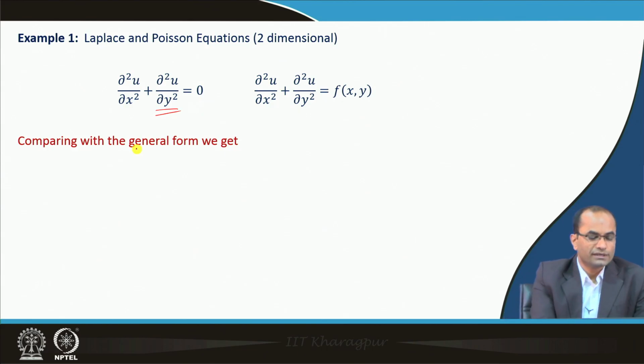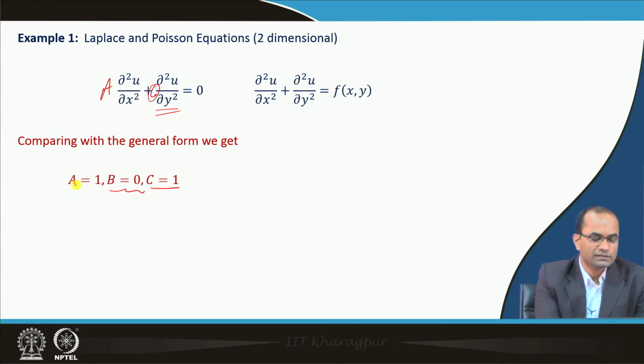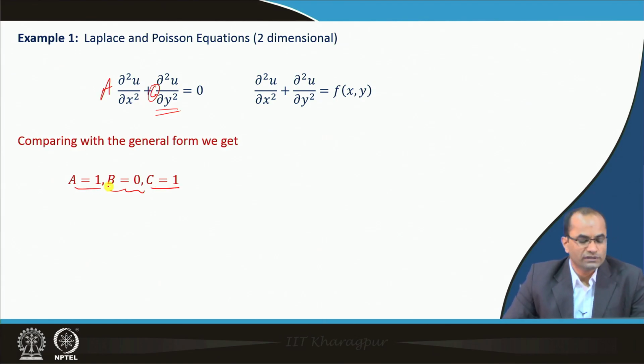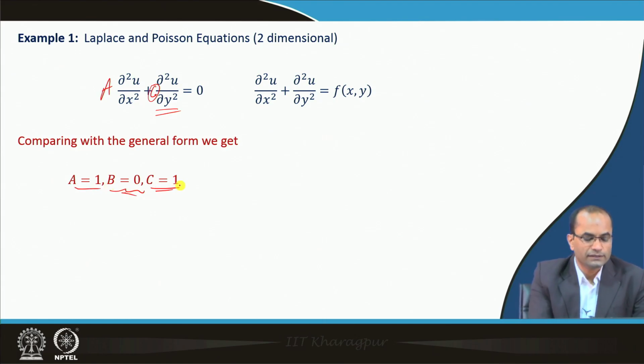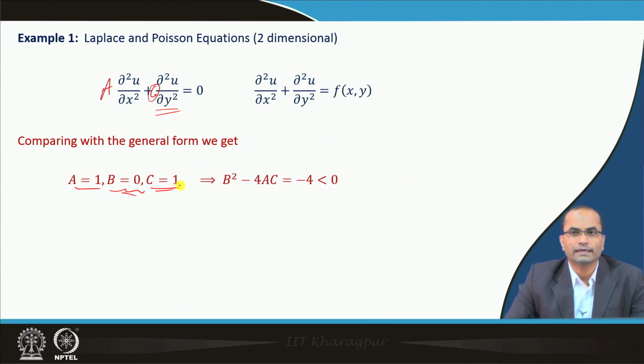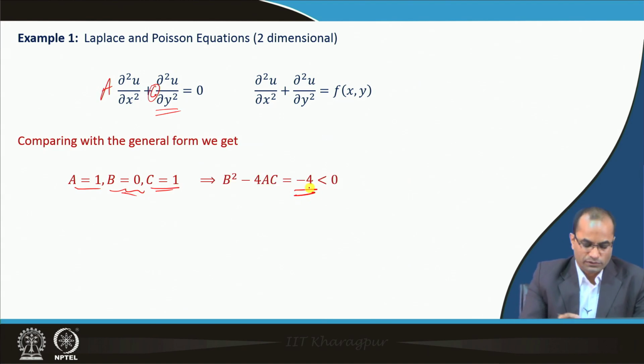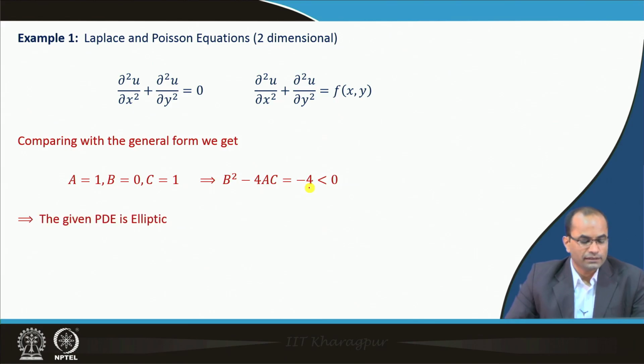Here also, if we compare, A is 1, there is no B because the mixed order partial derivative is not there, and C is also 1. If we compute b square minus 4ac, this number will be negative, as minus 4. So, this is an elliptic equation.